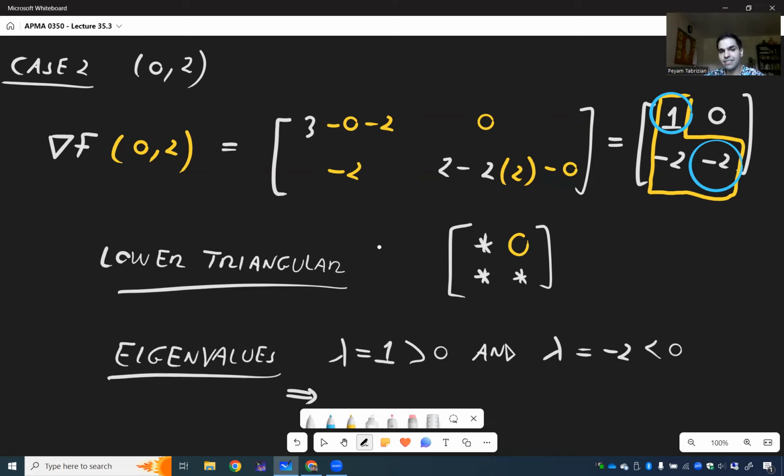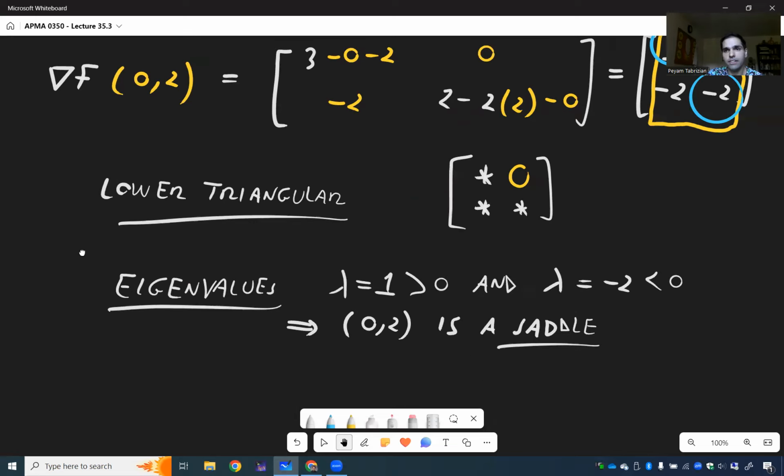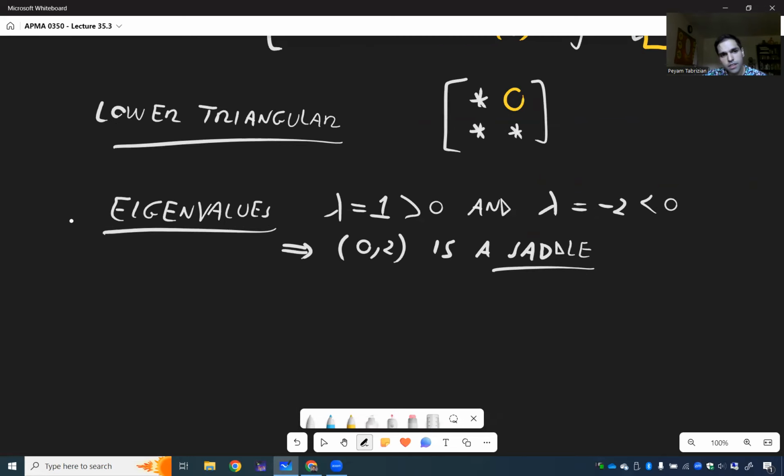And because we have mixed signs, this is called a saddle. And once again, if you're not comfortable with this, just do the determinant trick. If not, it's lower triangular, meaning it has this staircase pattern where this upper right term is 0, and here you can also read off the eigenvalues. All right, now let's continue.